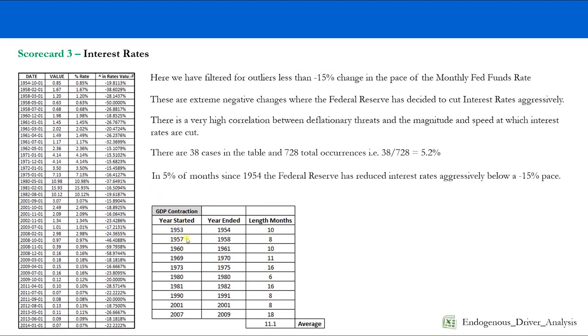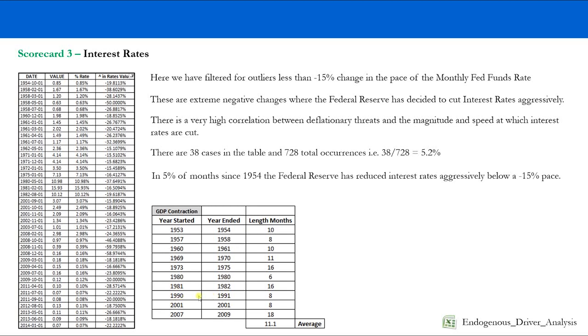In 57, our next period of contraction, we have aggressive cuts at an aggressive pace in 1958. 60 to 61, we have the same. 69 to 70, we have aggressive pace cuts in the early 70s. In 1980, we have aggressive pace cuts, 80 and 81.